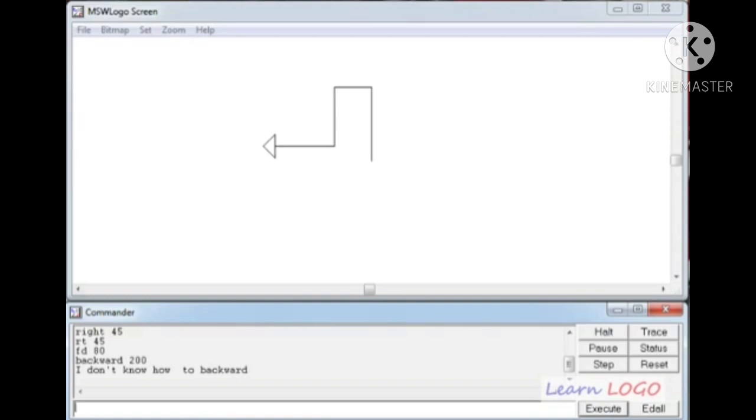So the instruction backward is not found here. So we just type only back. Back 200. Okay, so the turtle moved back 200 steps. The instruction backward is represented as back.